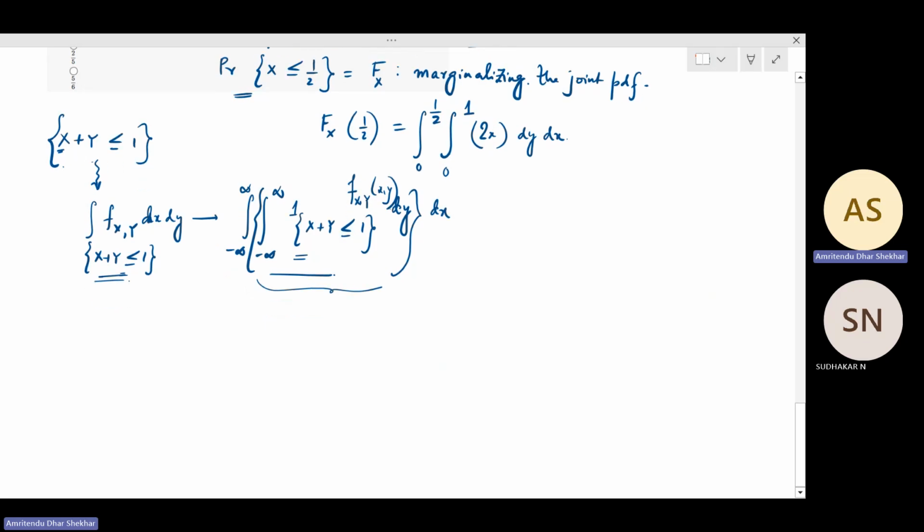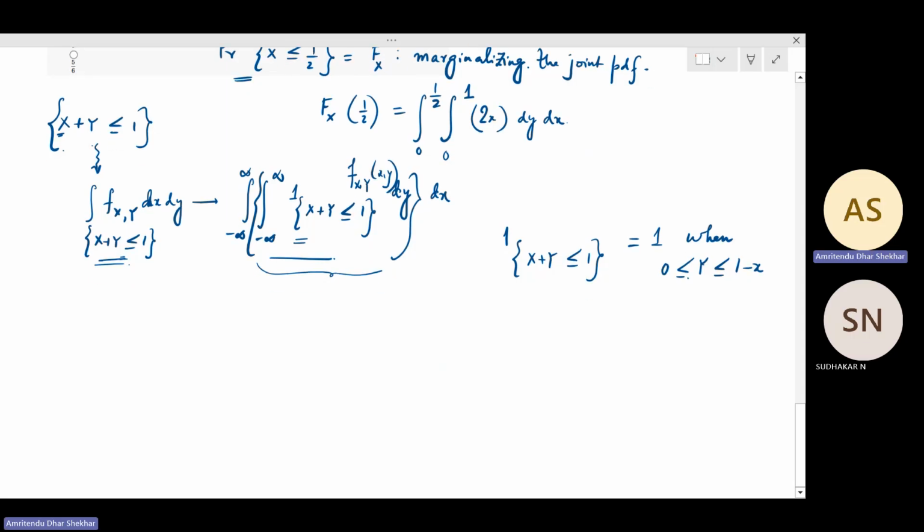So once you fix this x, x plus y less than or equal to 1, this thing is equal to 1 when y varies from 0 to 1 minus x.